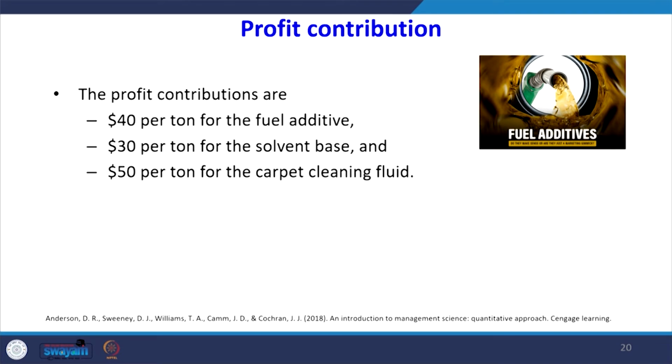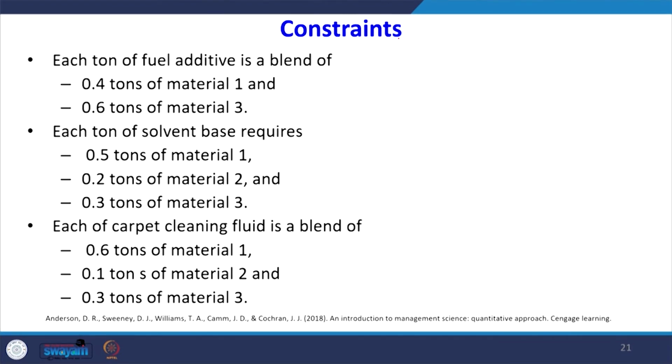Actually, the fuel additive is added along with the fuel to increase the efficiency of the fuel. Now the constraints. Each ton of fuel additive is a blend of 0.4 tons of material 1 and 0.6 tons of material 3. Similarly, the solvent base requires 0.5 tons of material 1, 0.2 tons of material 2 and 0.3 tons of material 3.